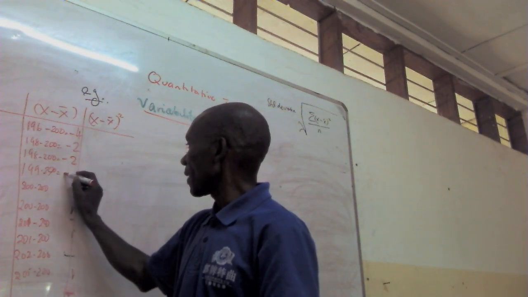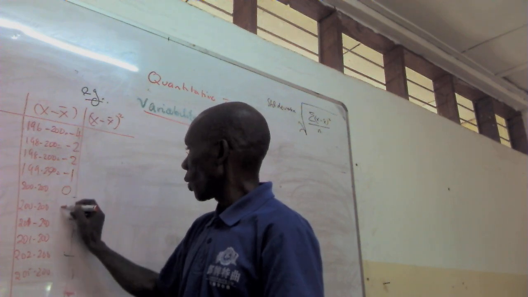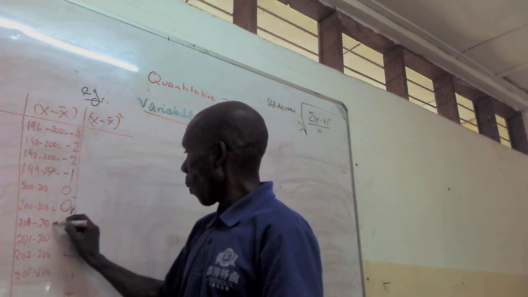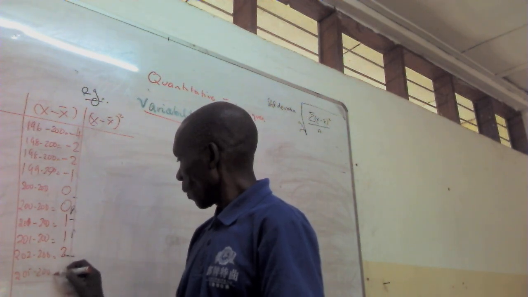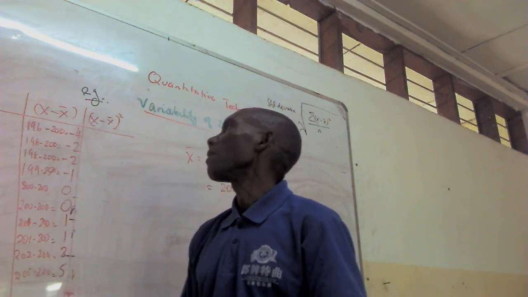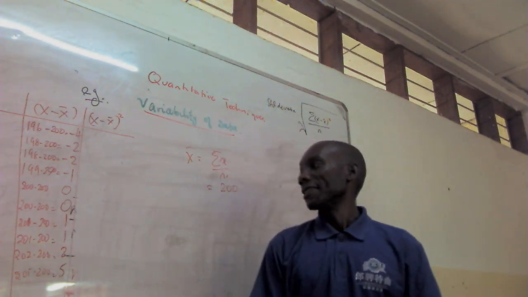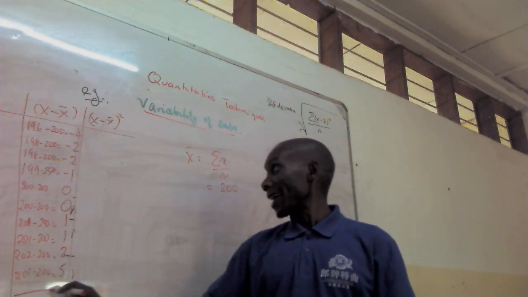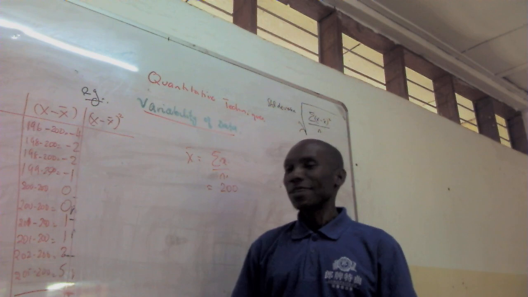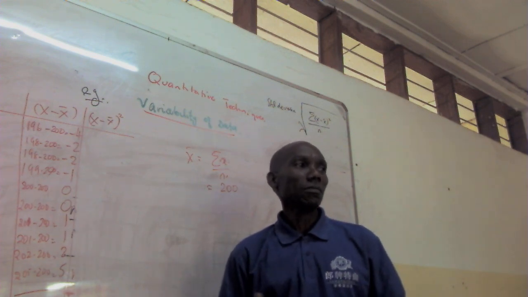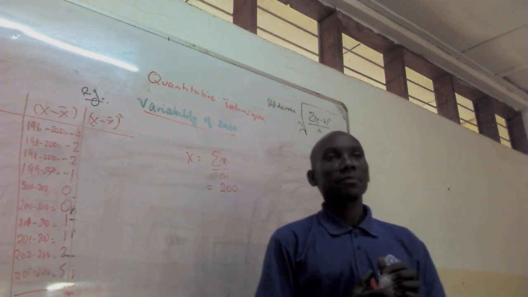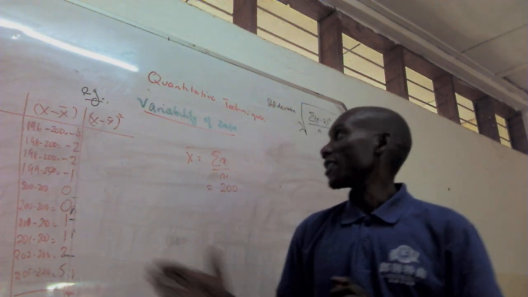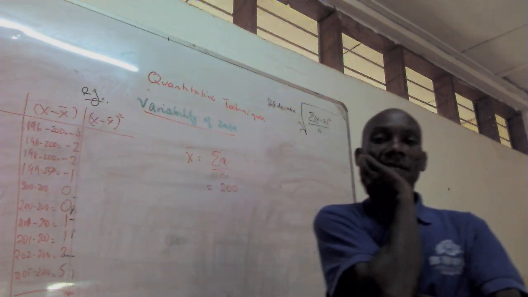This one, negative 1, 0, 0, 1, 1, 2, 5. If you try to add this, you are going to get a 0. If you try to add yours, you are going to get a 0. That's why we come up with this column here. We are deviating.